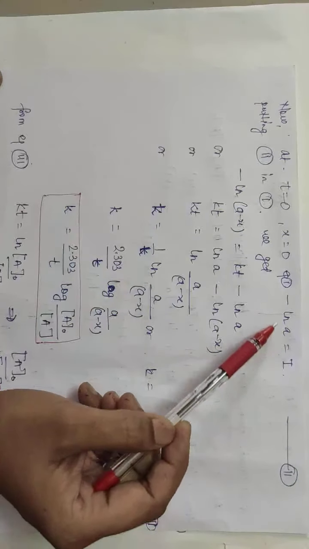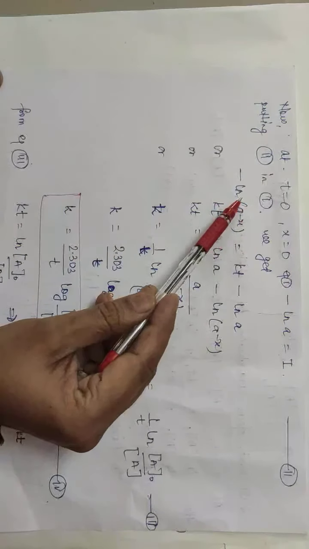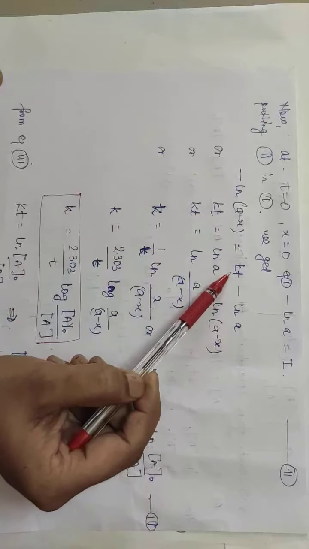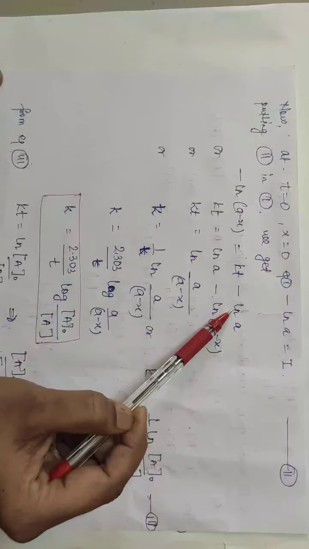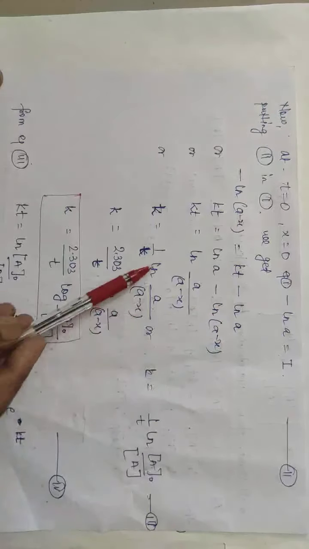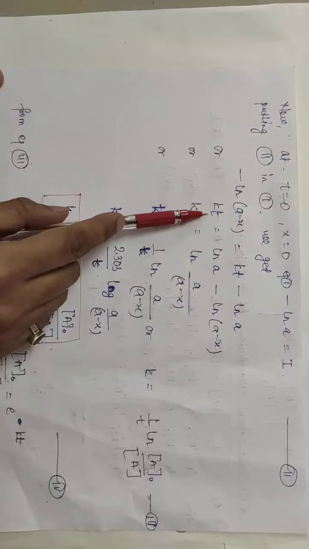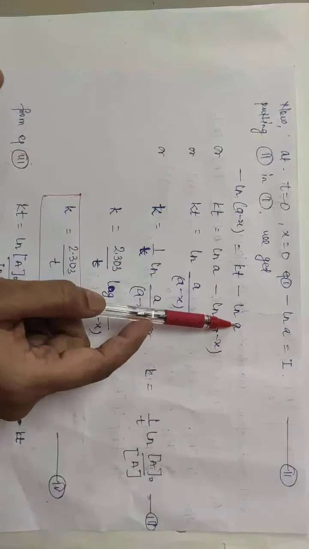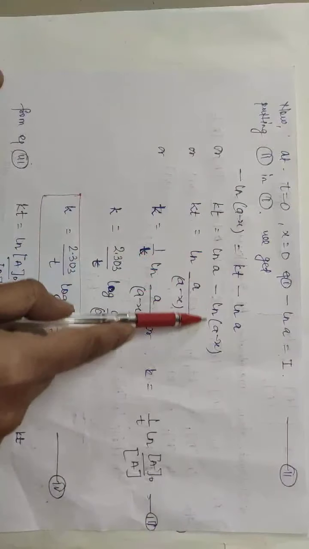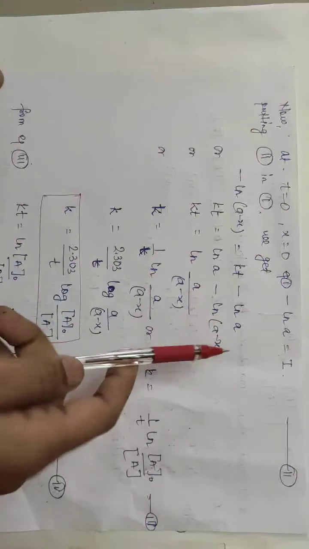Now putting these values in our equation 1, we will get minus ln (a minus x) equal to kt minus ln a. In place of I, we will write minus ln a. Rearranging this, for kt we will get this going to the left hand side, and we write this again: ln a minus ln (a minus x).